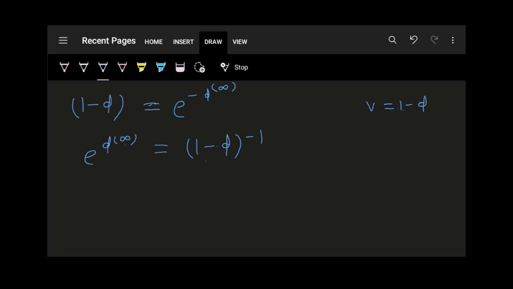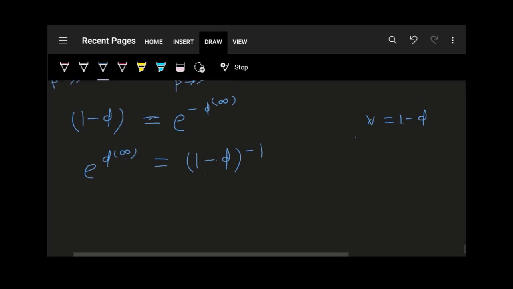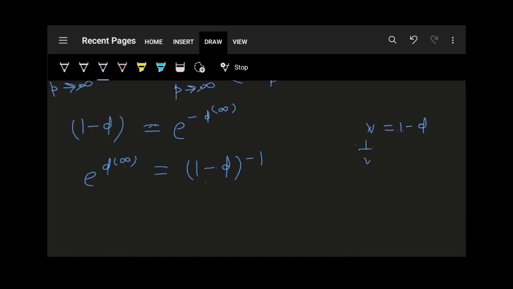So 1 upon v, which equals 1 minus d to the power minus 1, is actually my accumulation factor of 1 year. So I can also write 1 plus i equals 1 minus d to the power minus 1, since they both are the accumulation factor of 1 year. So from here I can write e to the power d infinity equal to 1 plus i.